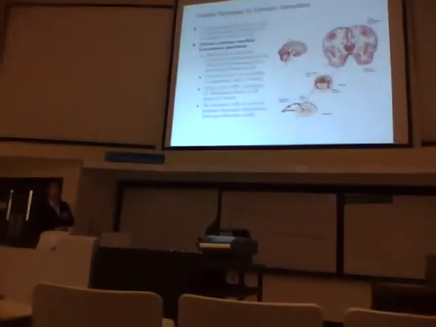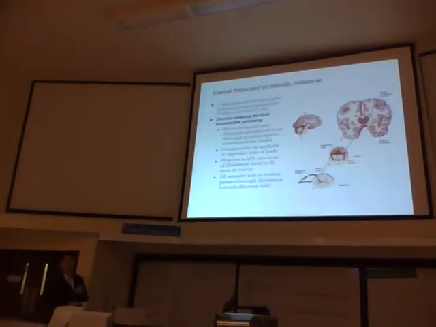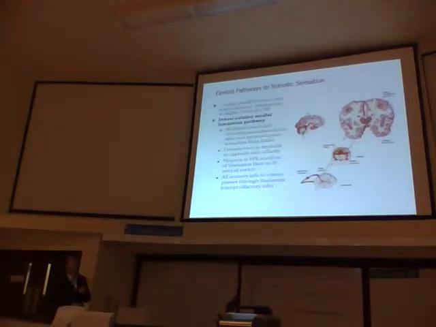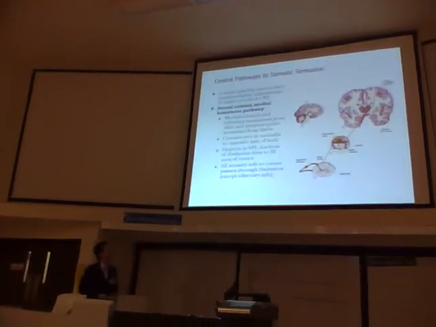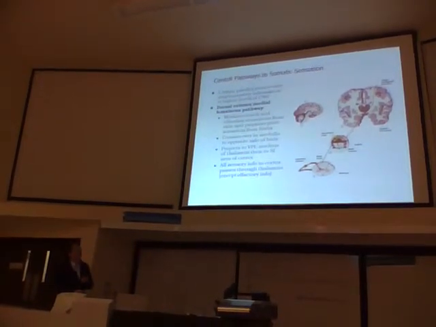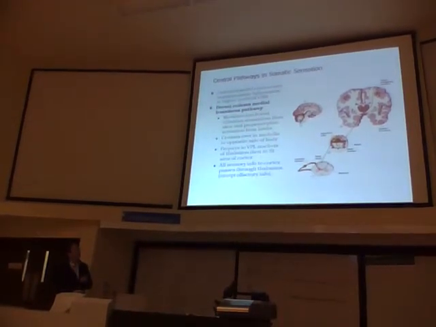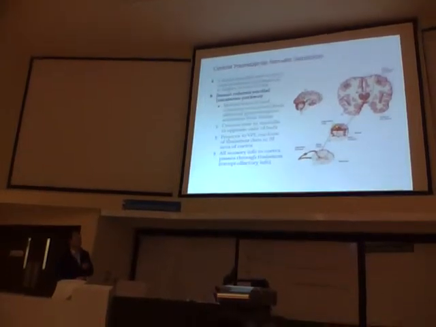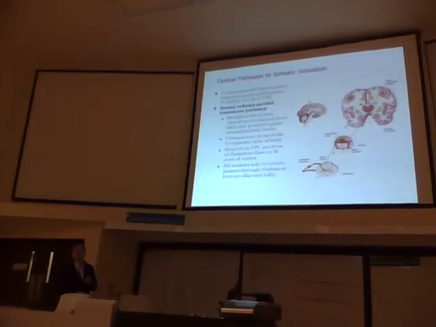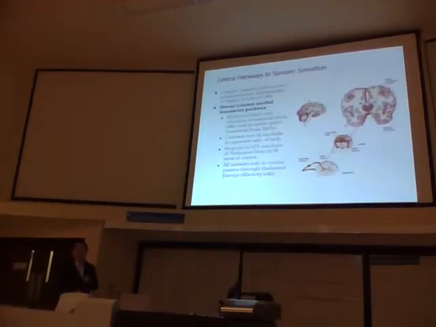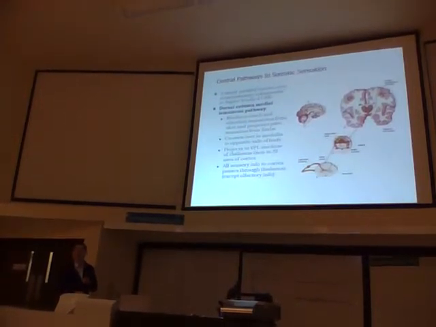And the postsynaptic neurons in the VPL then send axons finally to the somatosensory cortex. So you don't count the synapse locally here, only the synapse in the medulla. There are two synapses before reaching the primary somatosensory cortex.